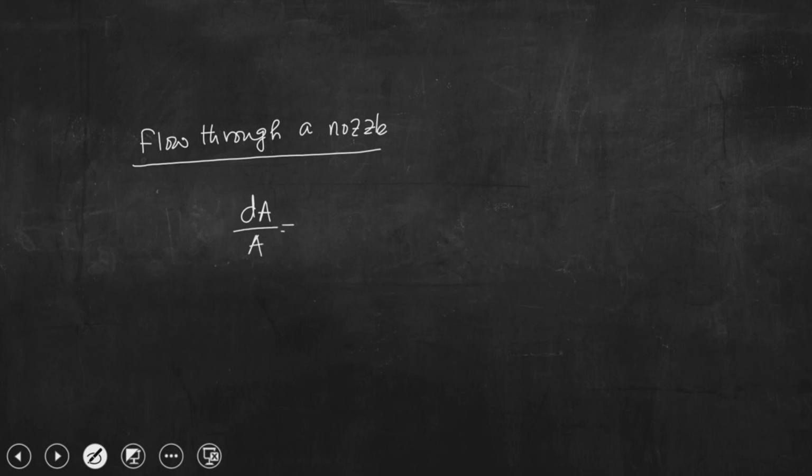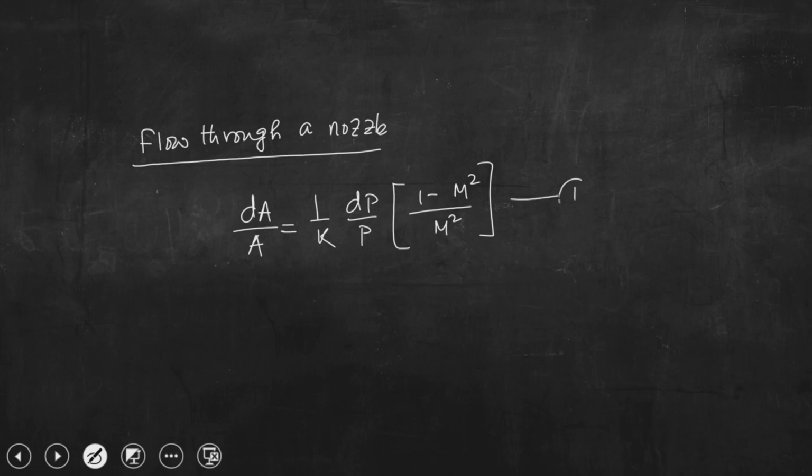What we could write in the last class is the area Mach number relationship, that is dA by A equals 1 upon k into dP by P into (1 minus M square) upon M square. This is equation number 1.